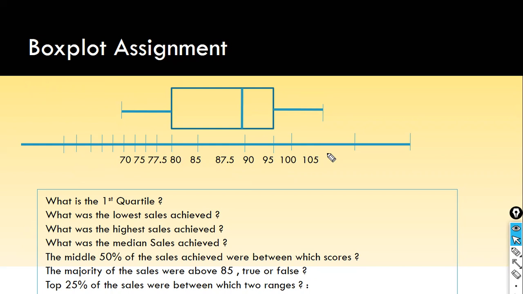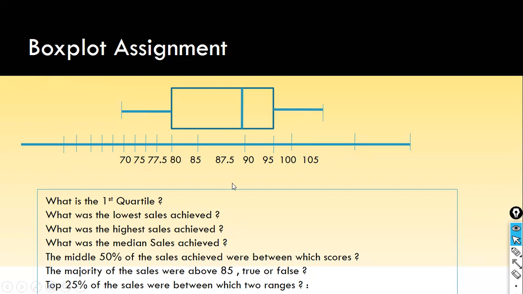Now, what is the majority of the sales values in this data set? Five values are between 75 and 85, and the remaining five values are above.